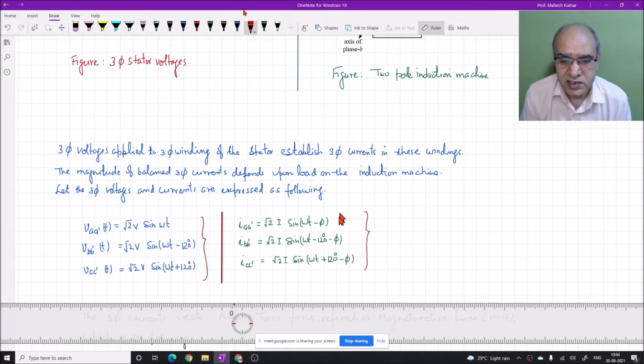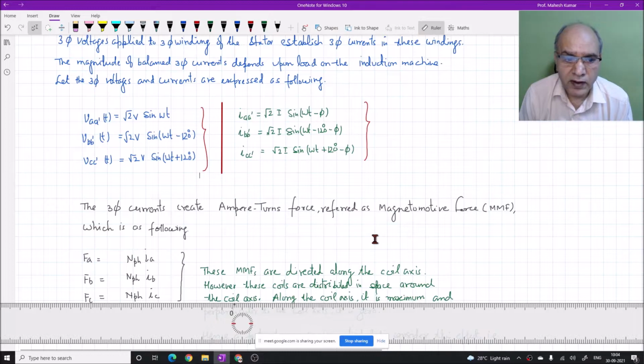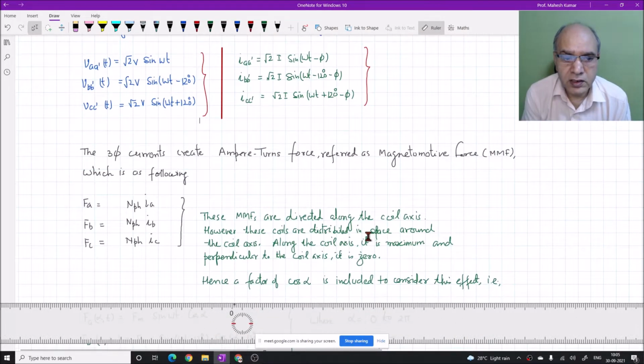And these currents lead to the development of ampere turns in the coil, which causes the resultant MMF in the air gap, which is the sum of the 3 MMFs: FA plus FB plus FC.